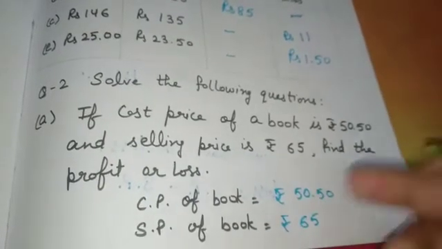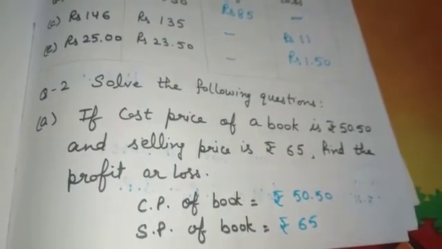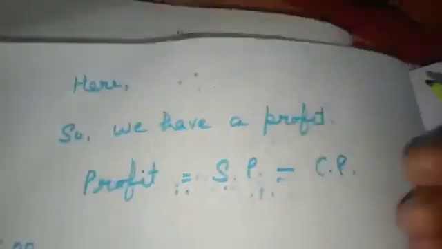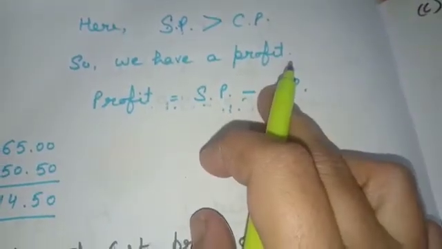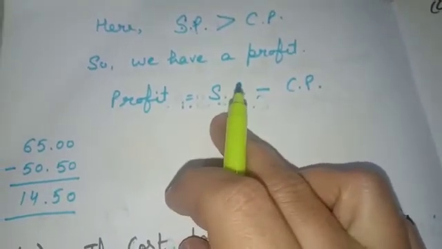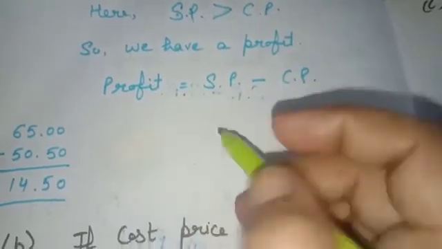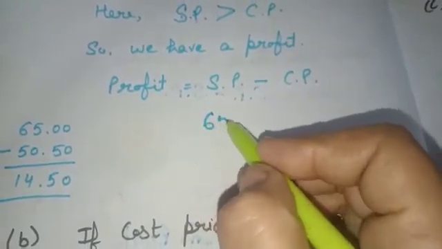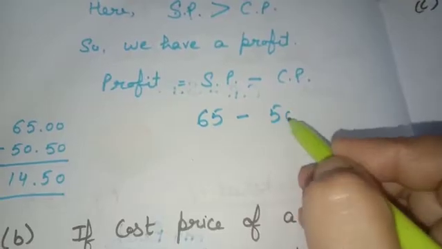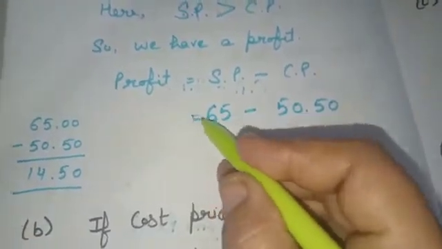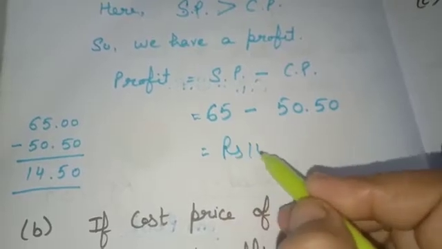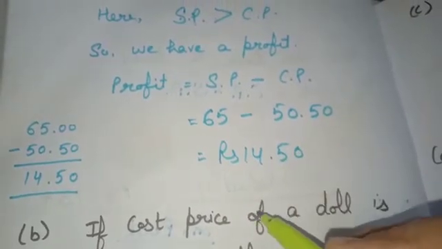Yes, selling price. So what will we write? Here selling price is greater than cost price, so we have a profit. Then the formula for profit we know, selling price minus cost price, means rupees 65 minus 50.50. We can check by subtraction to get the answer, which is rupees 14.50.